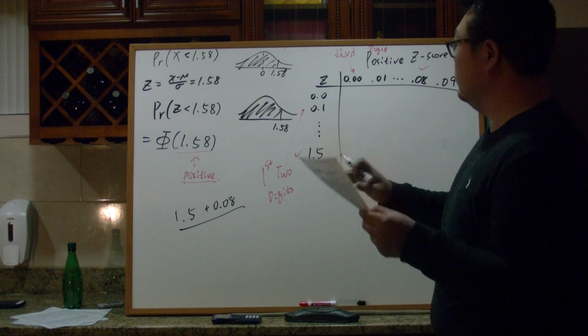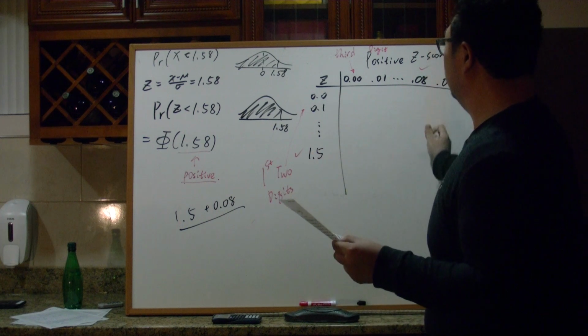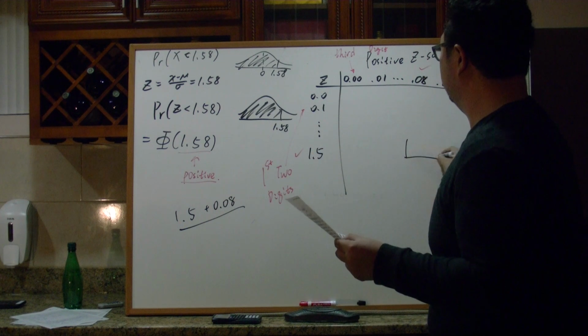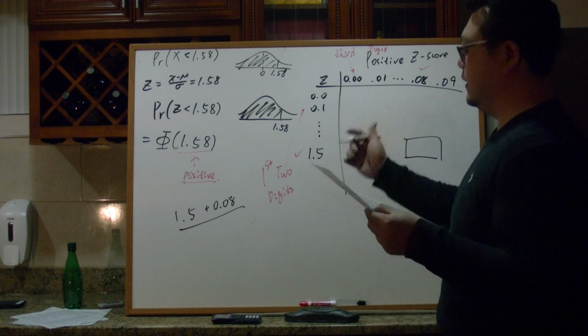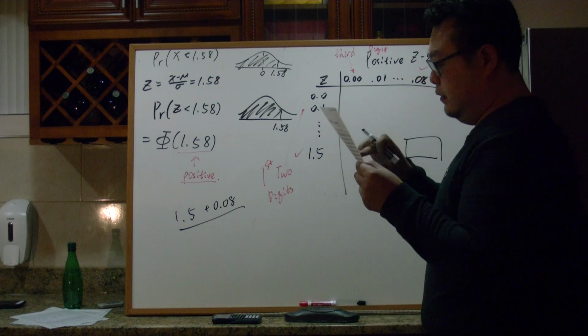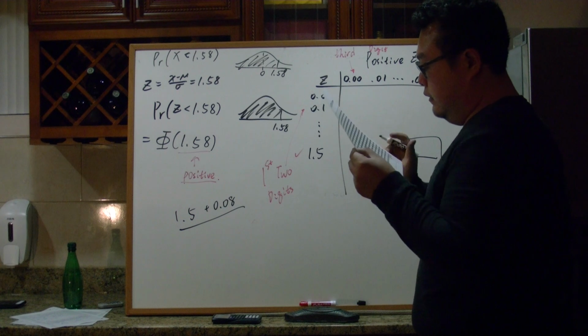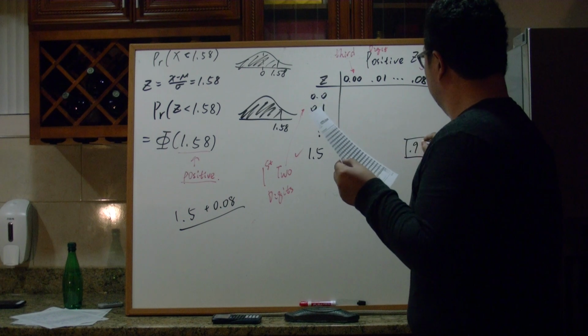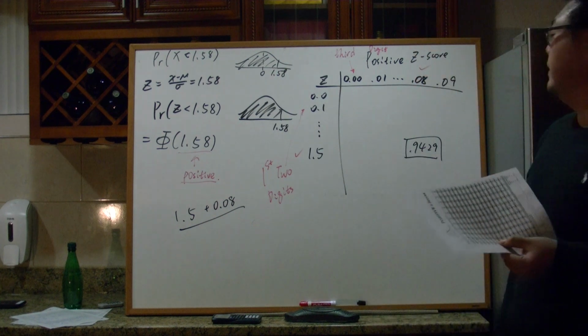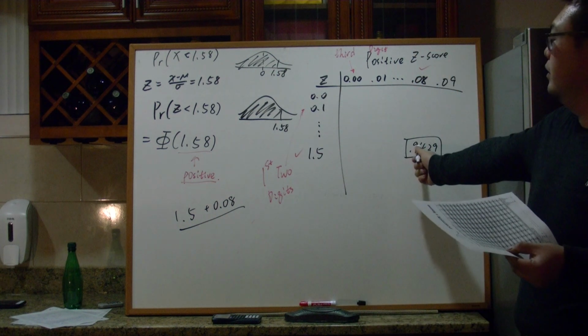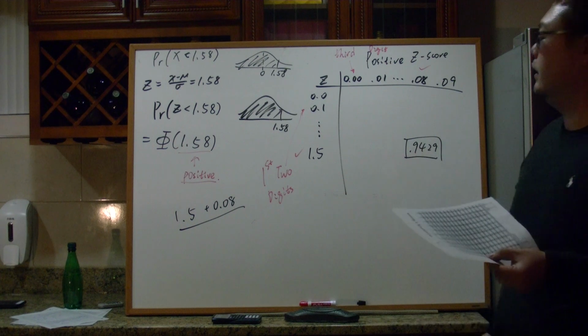So we go to the row of 1.5, the column of 0.08, and the intersection is the probability for 1.58. Even if it's hard to see, that is the decimal 0.9429.